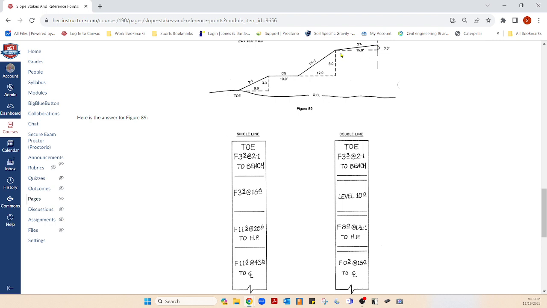So that other 15 feet just accounts for the 2%. This is the vertical, 0.3. This is the percentage. So I would take that percent, multiply it times the vertical, and it just gave us the 15 feet.